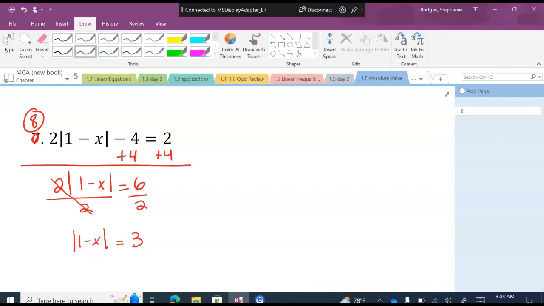And now we can set up our 2 equations. So I'm going to go 1 minus x equals 3. And then 1 minus x equals negative 3.